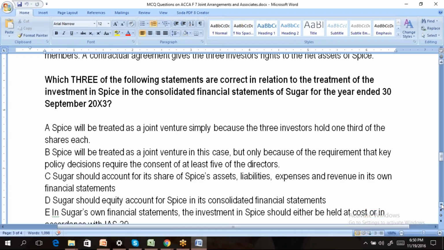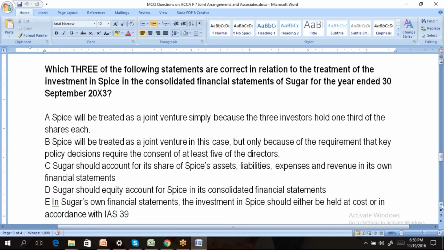When it's a joint venture, we go by the equity method of accounting. You have to read the question very carefully. Because it's a joint venture, they will not account for it separately. They will go for the D one.